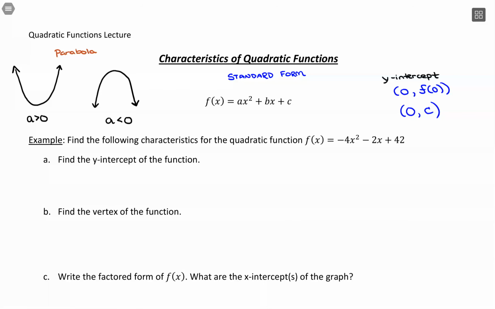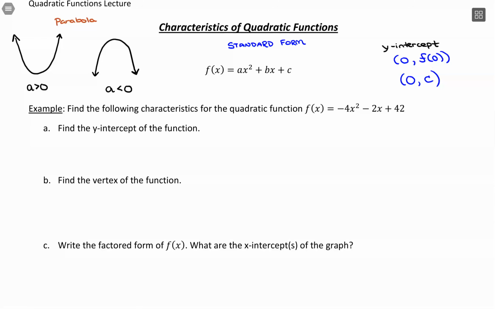All right, let's look at some of the pieces we can calculate with this standard form. First piece here, find the y-intercept. With our function up above, the general way of finding our y-intercept is to let x equal 0, and then we can solve. So if I wanted to find f of 0, we would have negative 4 times 0 squared minus 2 times 0 plus 42.